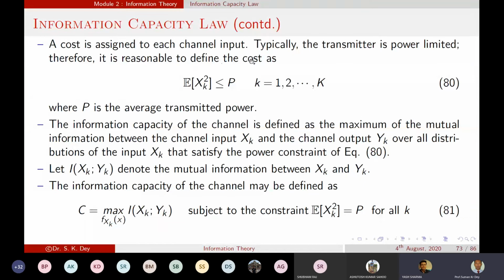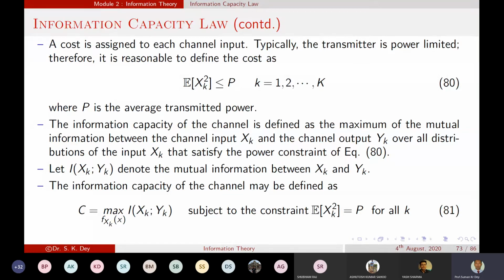So now the input signal is there, and the transmitted power is limited, as I considered earlier at the beginning. Whatever the continuous random input signal is, it is band limited as well as power limited.